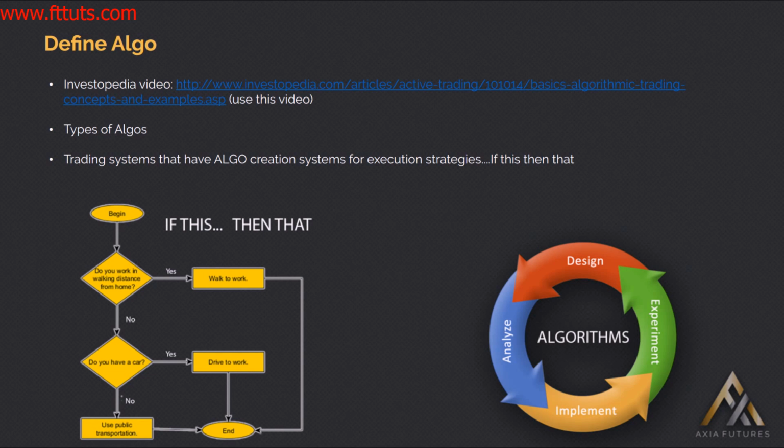So you can really put together a whole bunch of if this, then those, then that scenarios in order to put the strategy in place. And there's normally a testing system that goes on with the development of any system, where you have the hypothesis that you want to test, and then you do the back testing. Once the back testing has proven itself, you go into the design phase, you analyze it, you implement it, and you experiment.